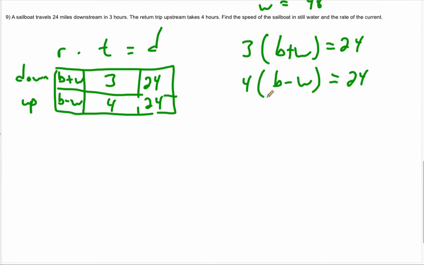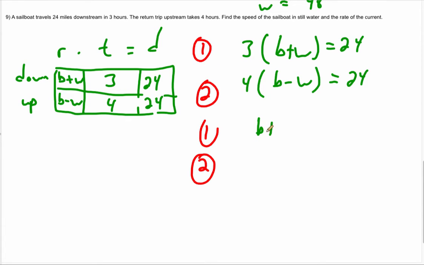So I'm going to do the division. Equation 1 is going to divide by 3, so we're going to get 8. B plus W equals 8. Dividing by 4 gives me 6. B minus W equals 6.